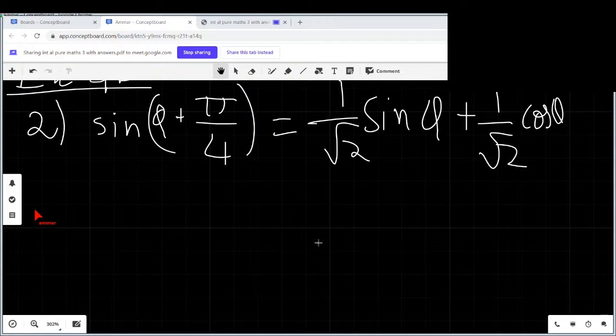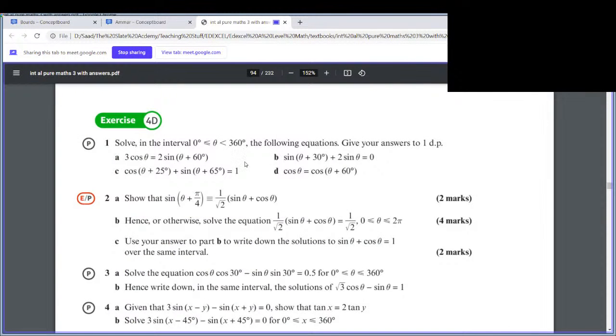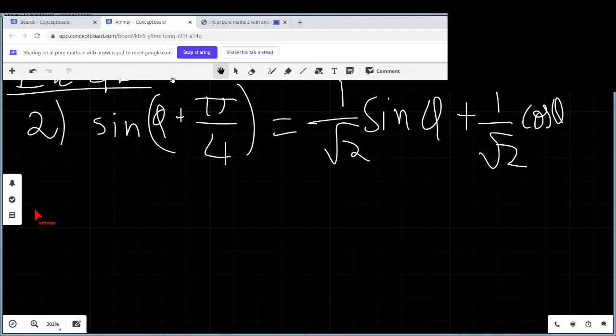What you do is take the left hand side. No, wait. What does the question say? Okay. So you take the left hand side, apply the addition formula. Sin A plus B is equal to what?